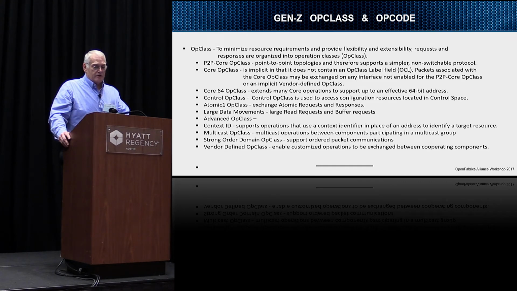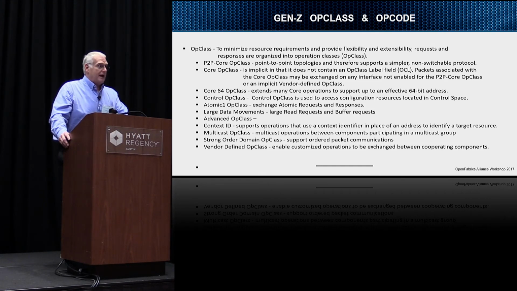As I stated earlier, there is a whole set of atomic instructions, and this is its own op class. Large data movements: I told you there was a significant amount of effort spent on specific DMA engines, and these DMA engines are defined in this op class. Some of the comparisons and op math instructions are contained in the advanced op class.